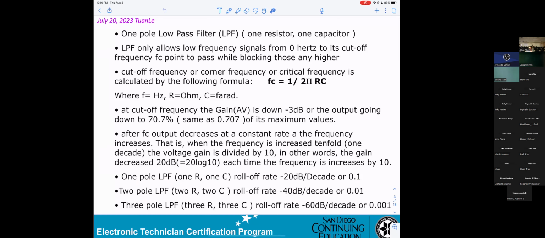Roll-off rate will be minus 40 dB per decade, equivalent to 0.01. And the next will be 3 poles, 3R, 3C. The roll-off rate will be minus 60 dB per decade, or 0.001.